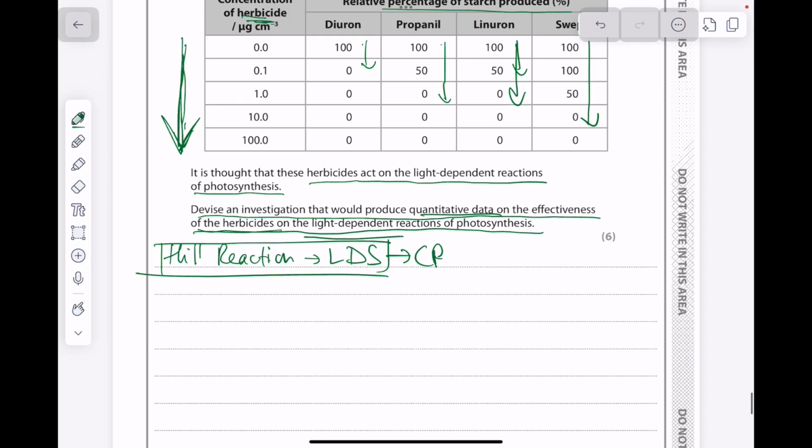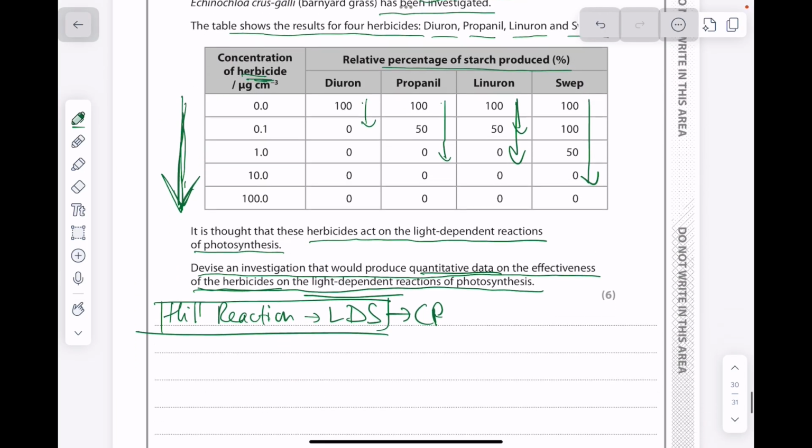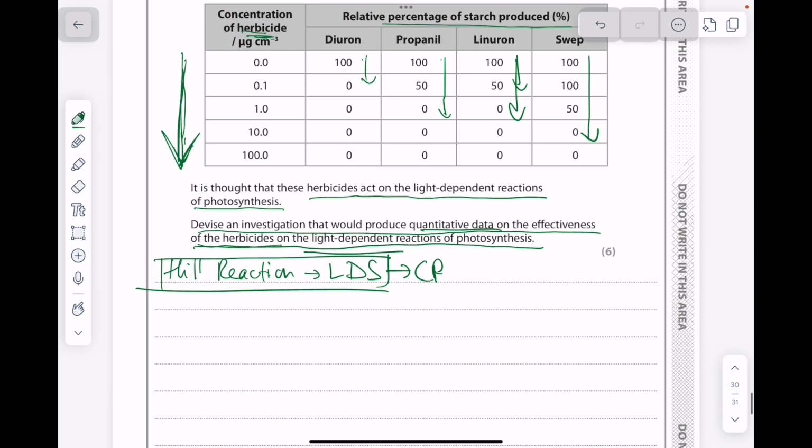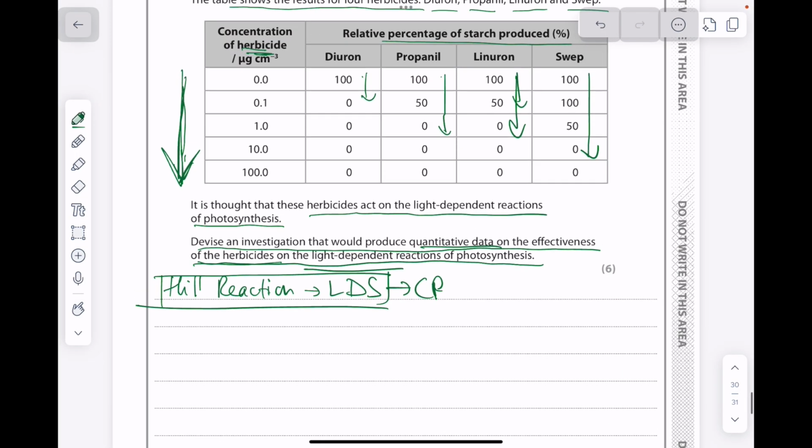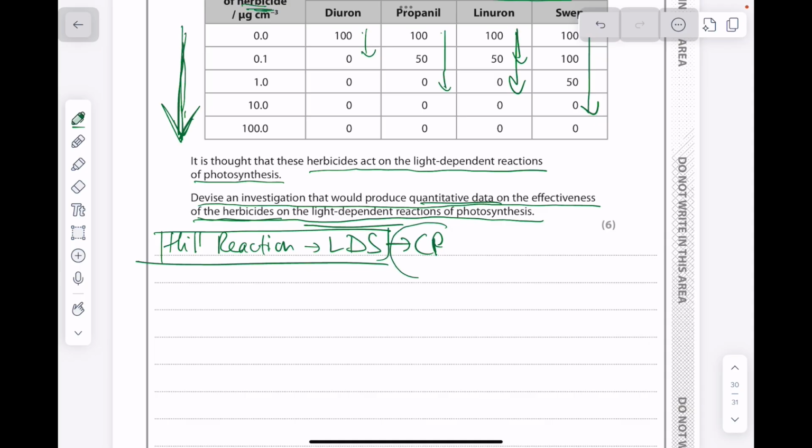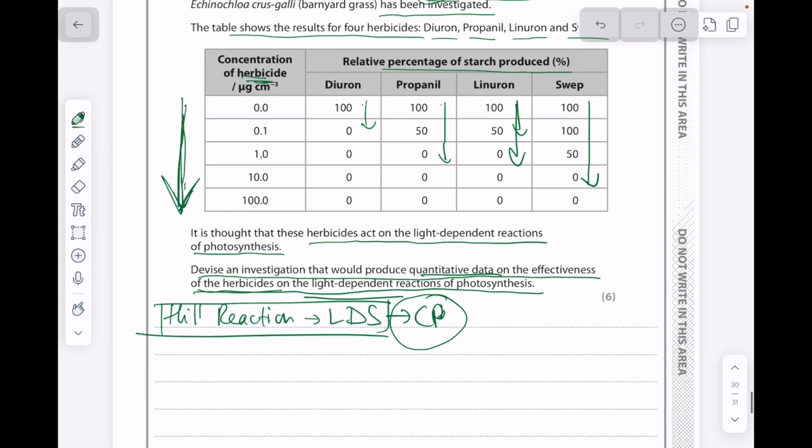Okay, but we want to say that in simplified terms. We don't need to go into too much detail, but even once we've identified what the core practical is, we don't just want to fall into the trap of just describing the core practical. We do want to adapt it to be able to test these chemicals, these herbicides, to see what effect they have on the Hill reaction.